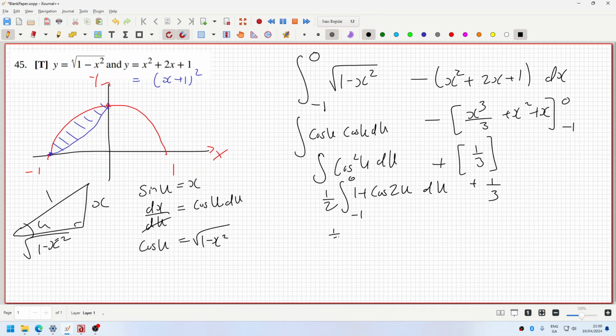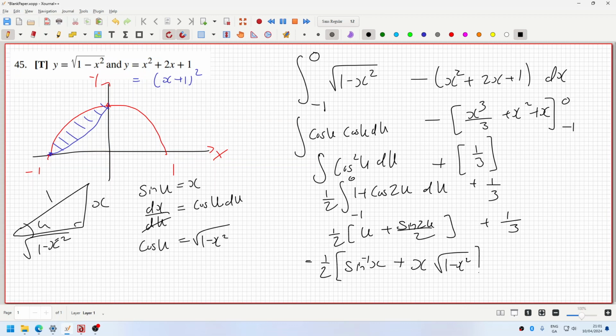So integrating that, that's a half u plus sine 2u over 2. So that's a half, and u is sine inverse x. And sine 2u is 2 sine u cos u, and the 2's cancel, just leaving you with the sine u and the cos u. So the 0 doesn't matter, the -1 does matter.